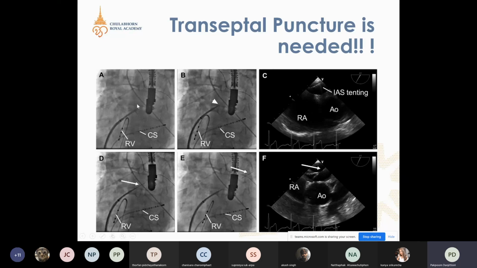After that, the doctor will confirm the position by transesophageal echocardiography here.